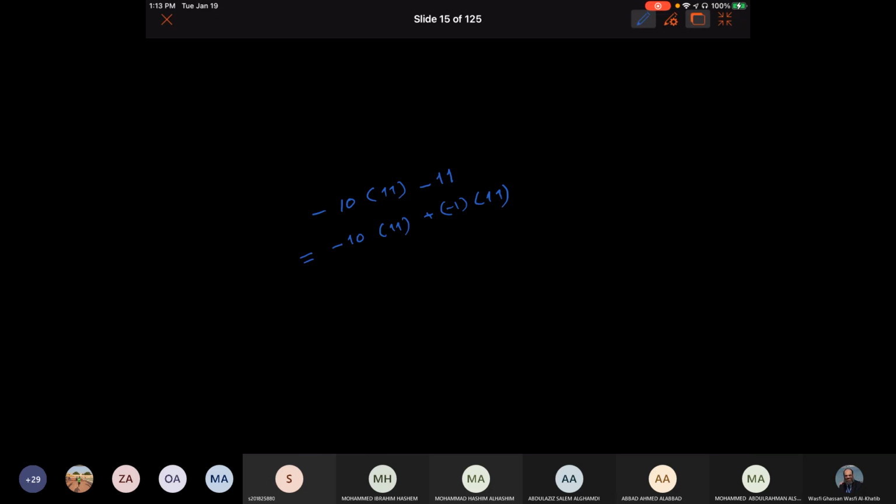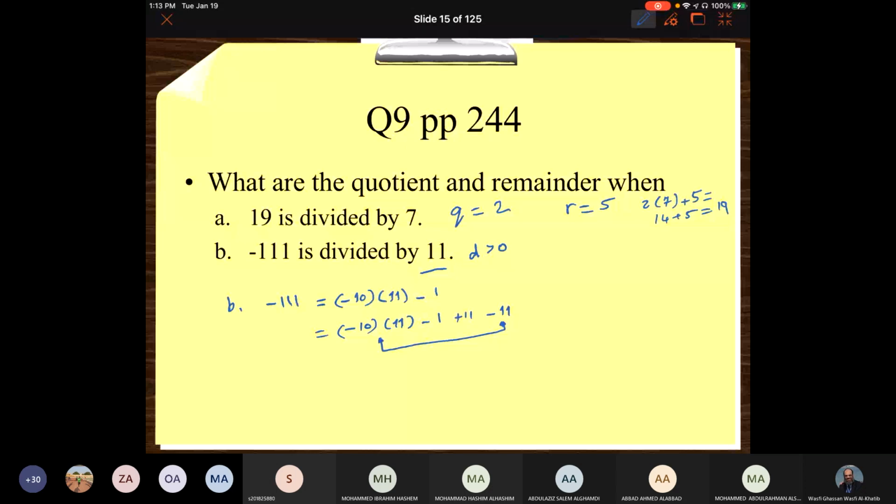Right. Can I take 11 as a common factor? Yes, we can. What will be the coefficient of 11? -11. So now if I go back, this is equal to -11 multiplied by 11, plus, now what is -1 plus 11? 10.